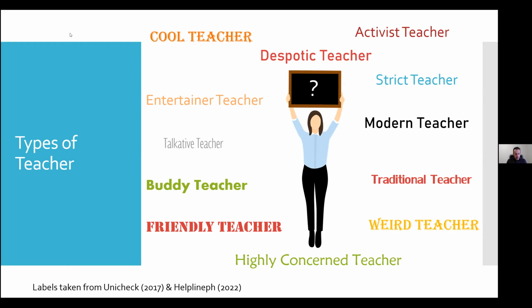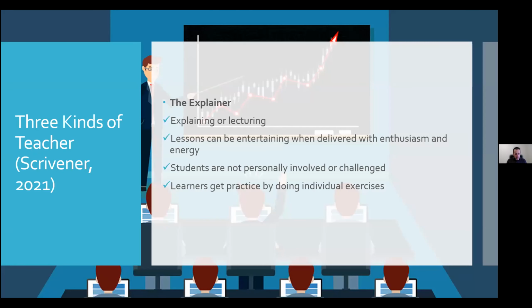So as such, all of these labels likely exist within each of us, with certain ones being more likely to become manifest. Looking specifically at language teaching and the language teaching literature, Scrivener offered three kinds of teacher.